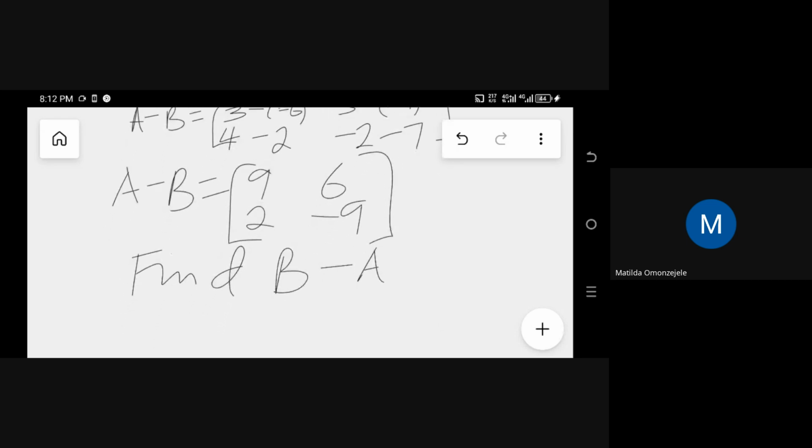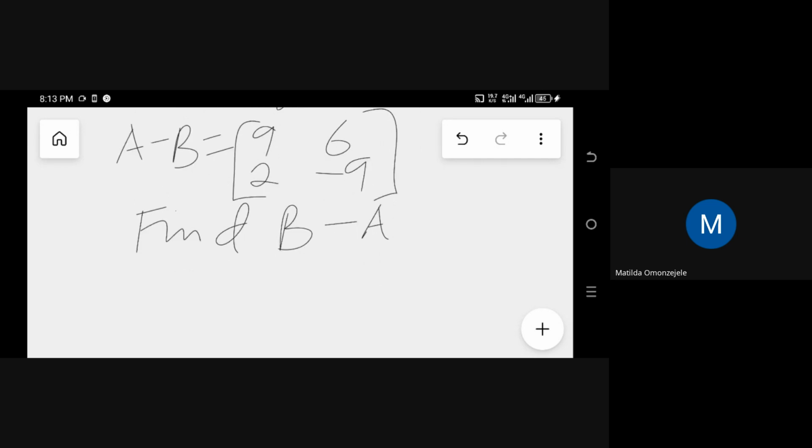A minus B differs from B minus A because in A minus B, you're dealing with the elements in A first, and then you proceed to deal with the elements in B. But for B minus A, you would have to deal with the elements in B first, before you proceed to the elements in A. Do you understand? Yes, sir.